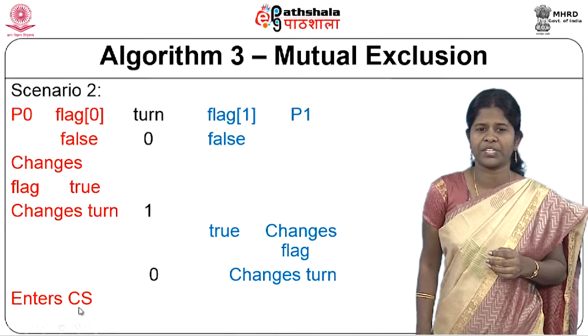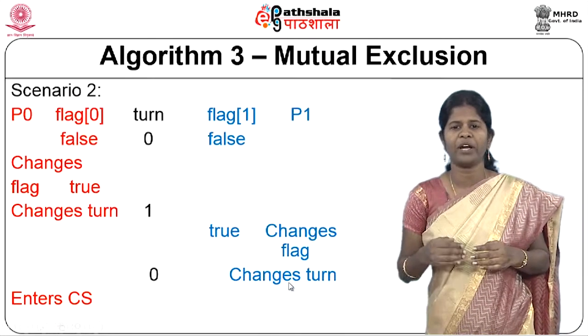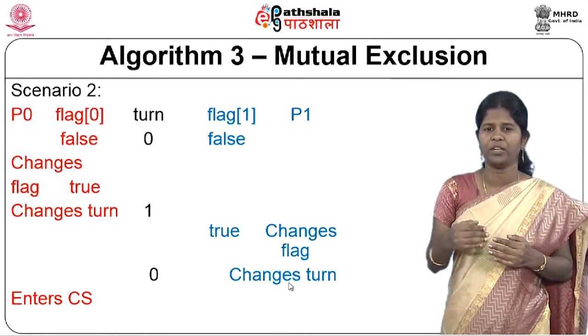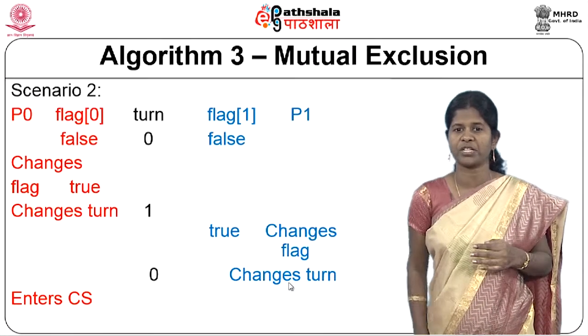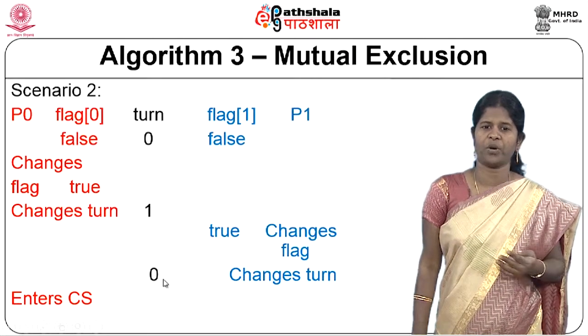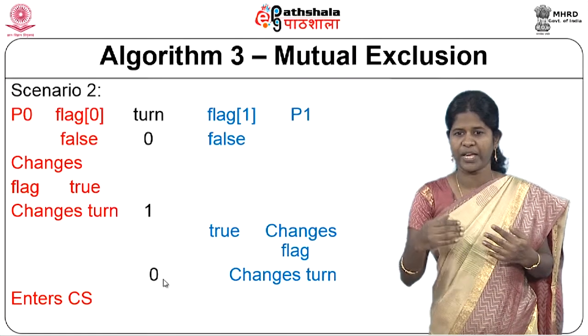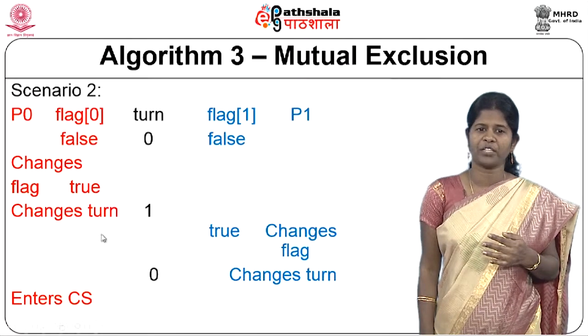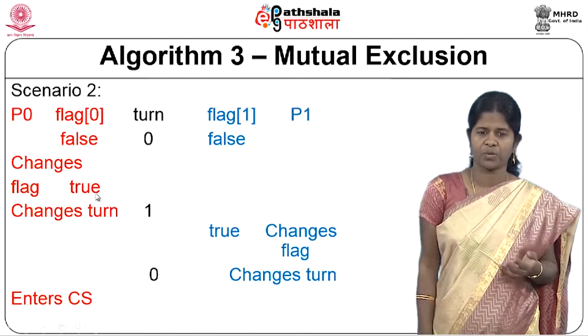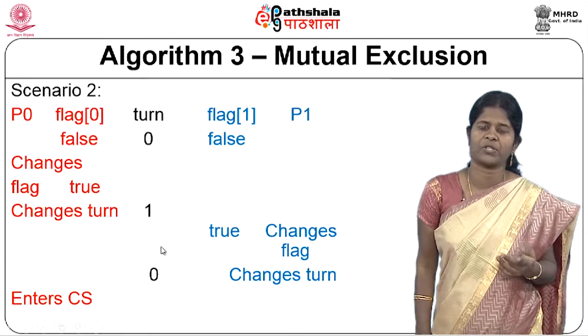and P0 can enter critical section. And while P0 is in the critical section, say if P1 tries to execute the while loop. P1 changed flag to true, it changed the value of turn equal to 0 and it wants to enter critical section. Before that, it checks if flag of the other process is true, it is true, and it also checks if turn is equal to the other process's turn.